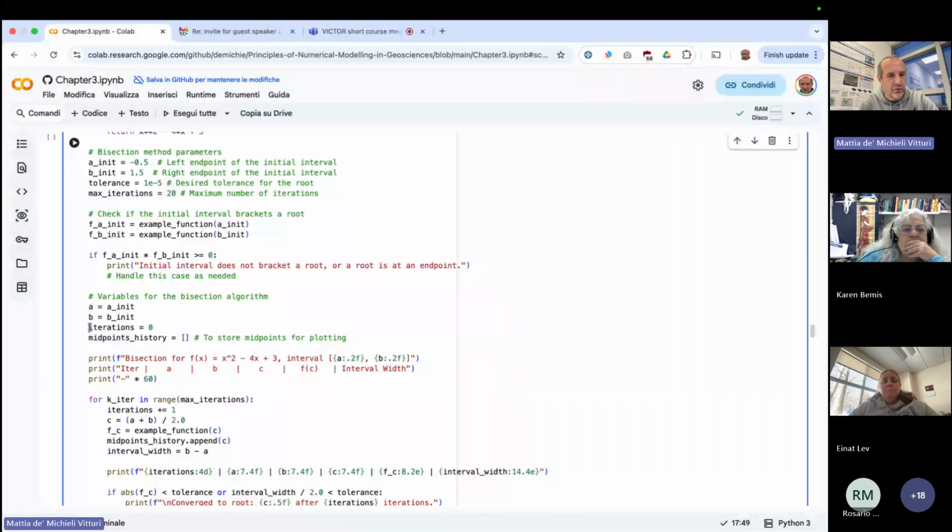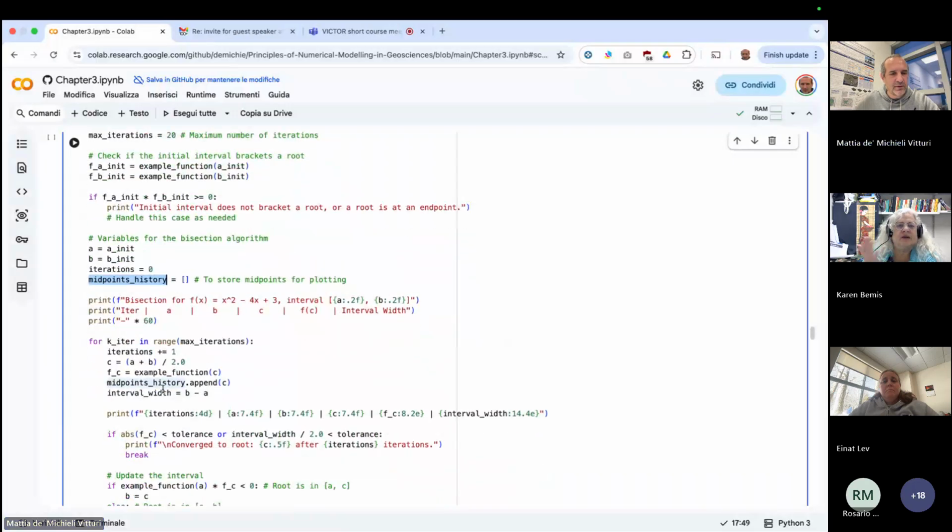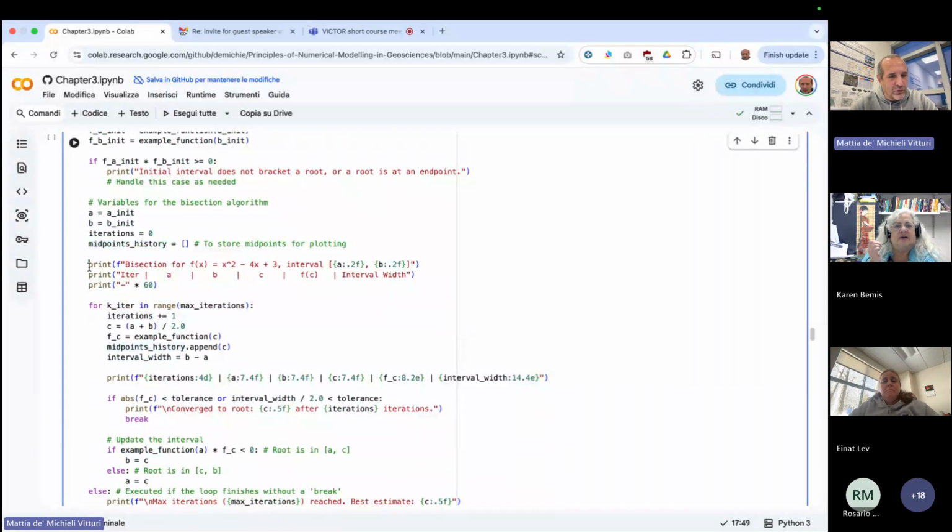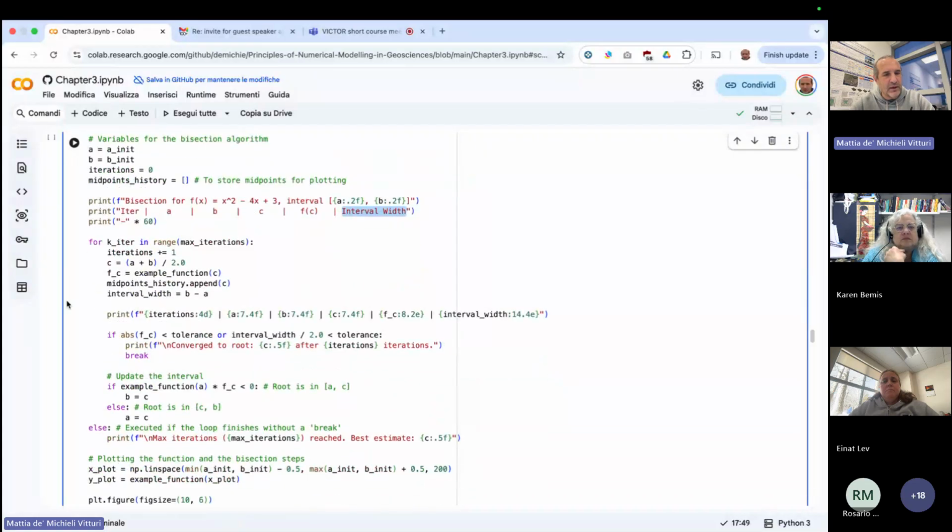We initialize to 0 the counter. And then we create an array where we want to store the location of the midpoints. Then we write here on screen for each iteration, A, B, the middle point, the value of the solution at the middle point, and the width of the interval. And then we are just applying this iteration.